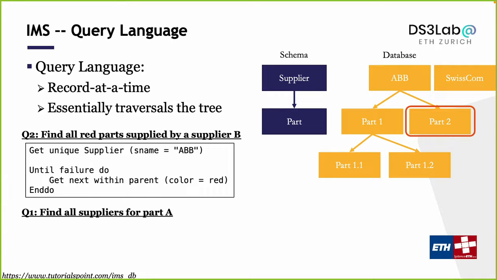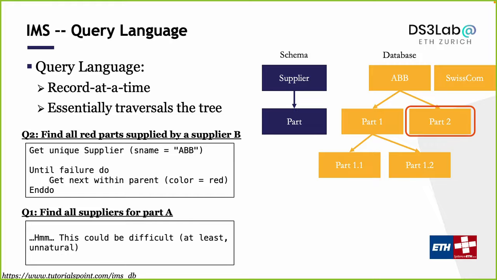So, for example, if you want to say, give me all the suppliers for a certain part, what would you do? And this one actually goes to the first limitation of the hierarchical model. That is, it's actually very hard to do. Because once you have this hierarchy, where my parent is supplier and my child is part, it's very easy to go top-down to write a query like that.